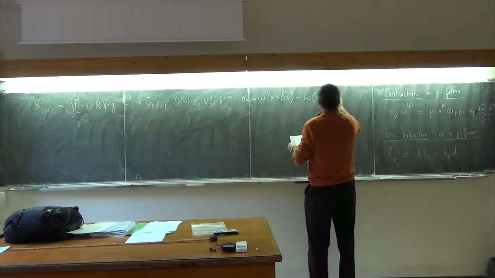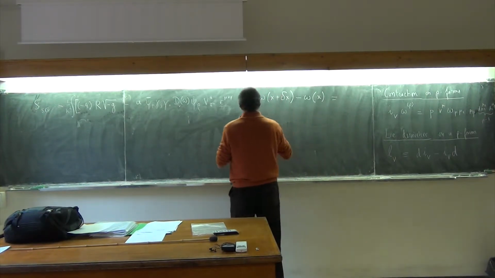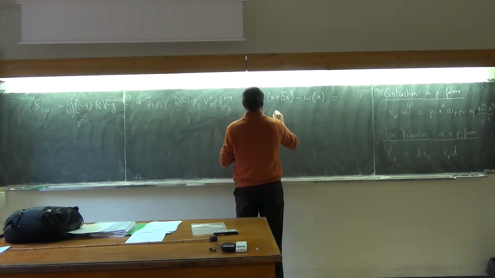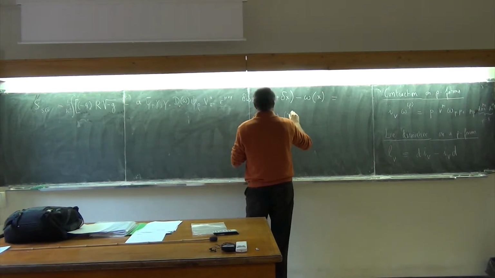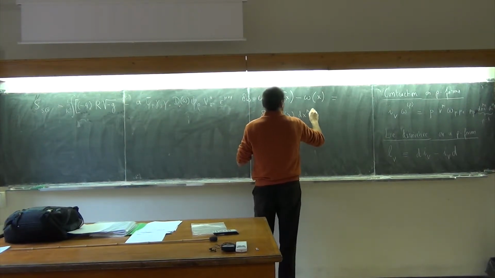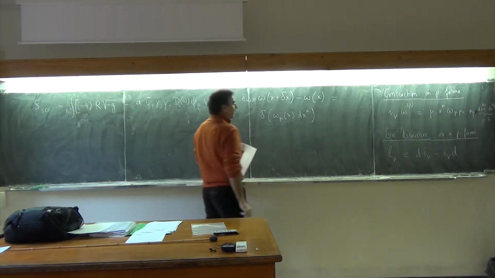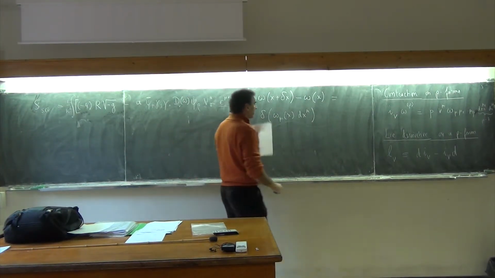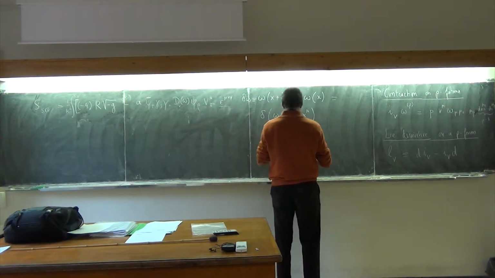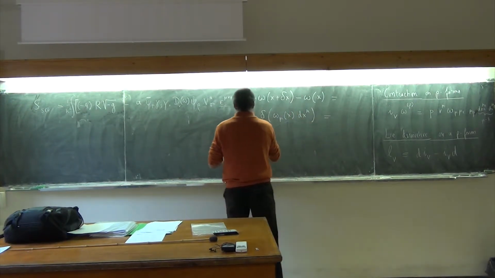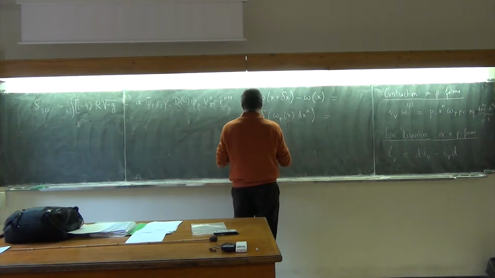This variation, now, well, I can write it this way, omega mu. It is the variation of the form, omega mu x, times dx mu, under infinitesimal coordinate change. And now here, I will vary the thing.